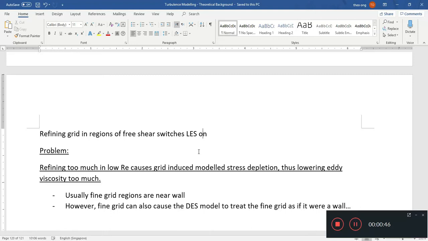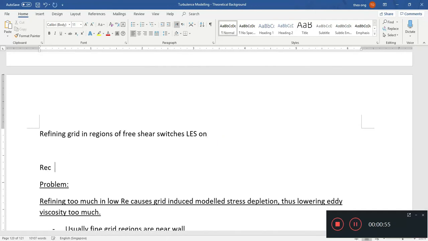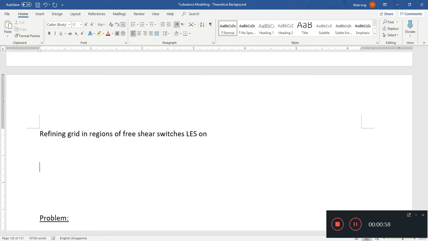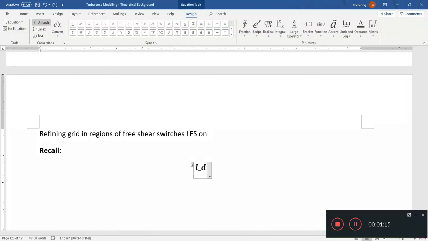I mean you don't refine so much that you switch on DNS, because if you recall, the DES length scale for the Spalart Allmaras model, L_DES, equals the minimum of the L_RANS and C_DES delta.